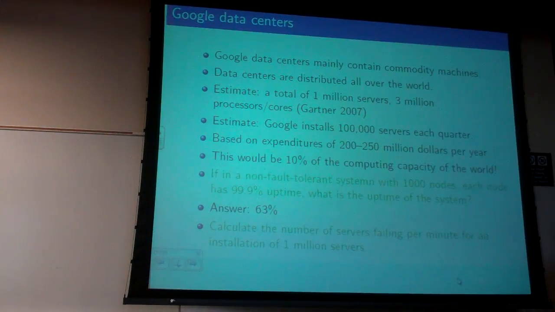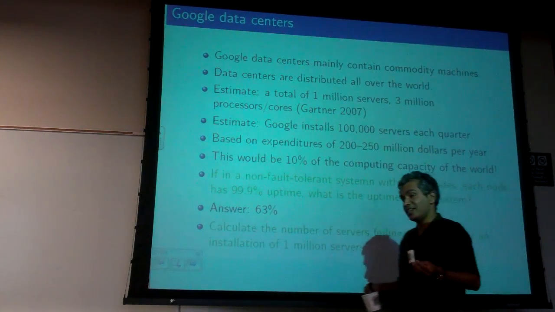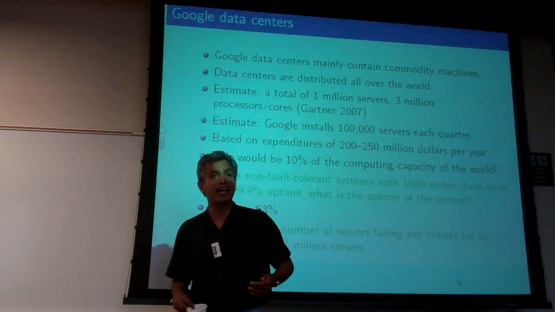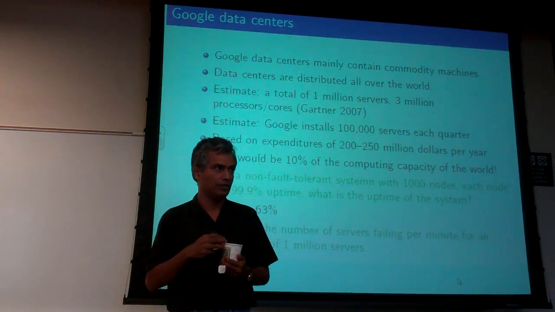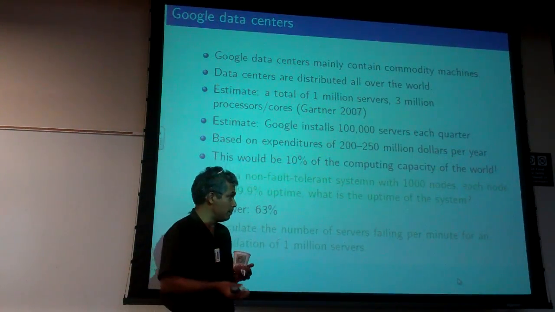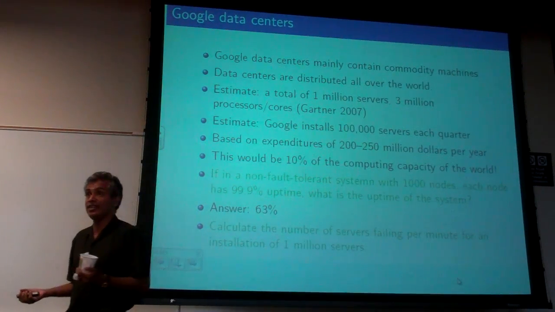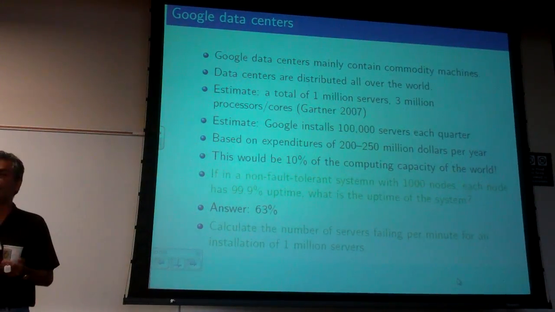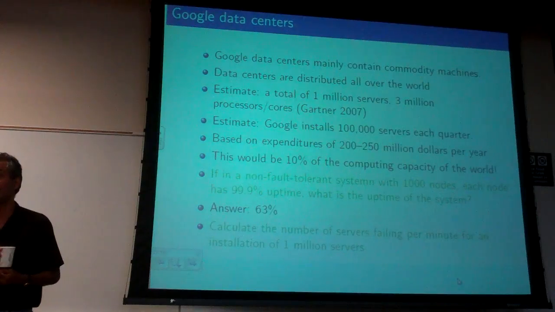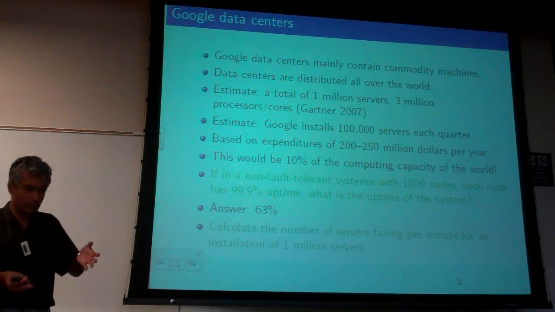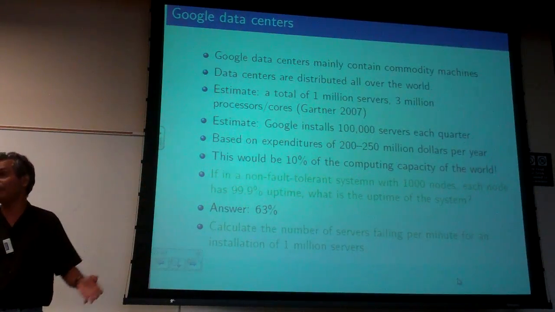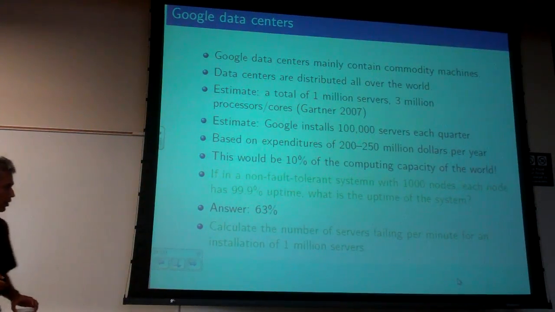Because one of them might fall down, and if you make the computation dependent on all 1,000 nodes being up at the same time, then you're dead. Even with independent failures, you'll have only 63% uptime if each individual machine is 99% uptime. Whereas in the MapReduce scenario, you don't depend on everybody being up at the same time.